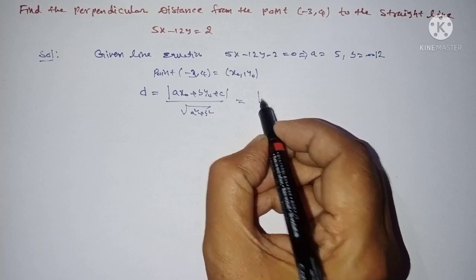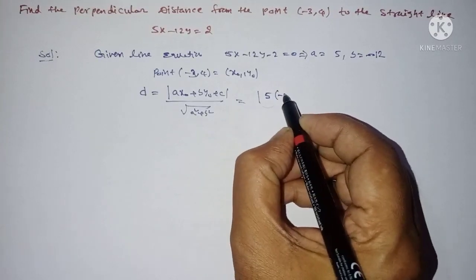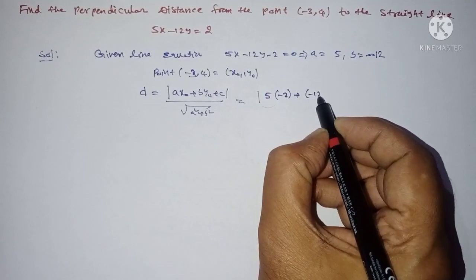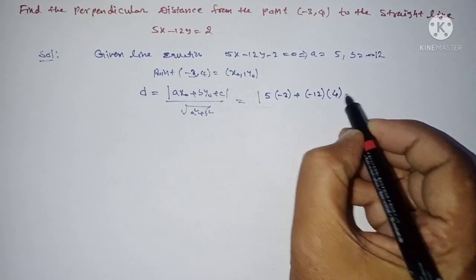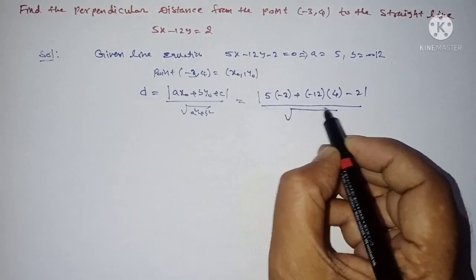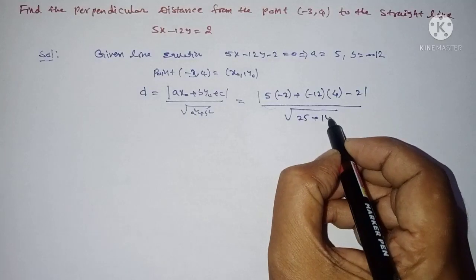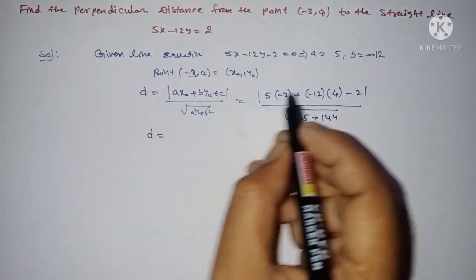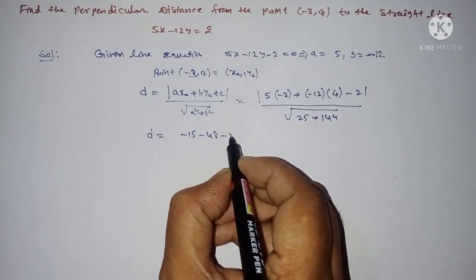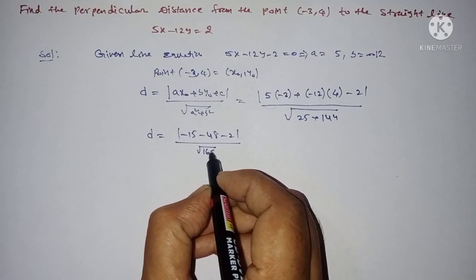Therefore, substitute here: mod of 5 into x naught, which is minus 3, plus b, which is minus 12, into y naught, which is 4, plus c, which is minus 2, by under root of a square, which is 25, plus b square, which is 144. d is equal to mod of (minus 15 minus 48 minus 2) by under root of 169.